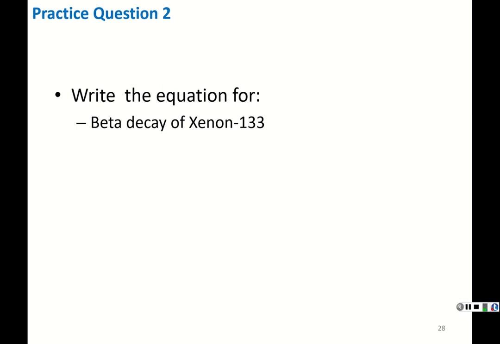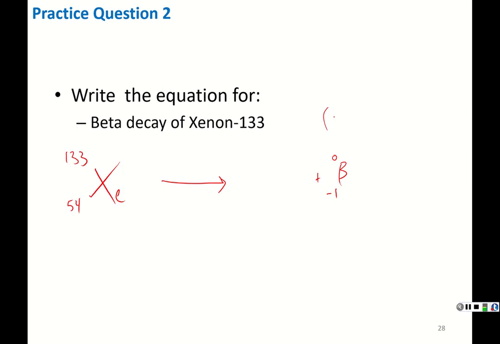Okay, now let's look at the beta decay of xenon-133. So xenon, in the periodic table, the atomic number is 54, so that's the number of protons. And we have a mass number of 133. If you undergo beta decay, the particle has 0 mass and a -1 for that value there.